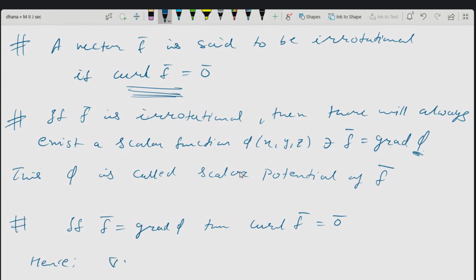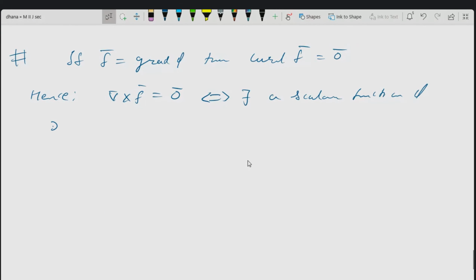Del cross f bar is equal to 0 bar implies, and two-way it is, there exists a scalar function phi such that f bar is equal to gradient of phi. That means del phi. Understood this statement?